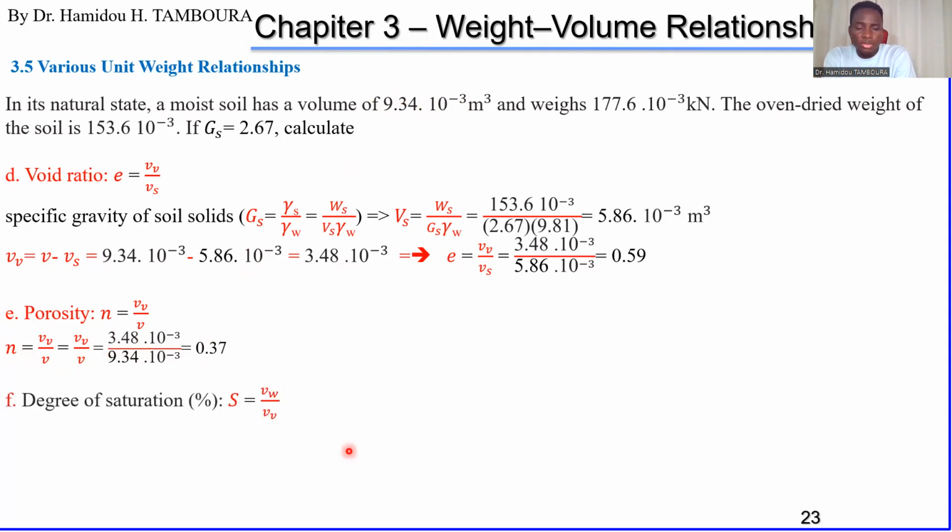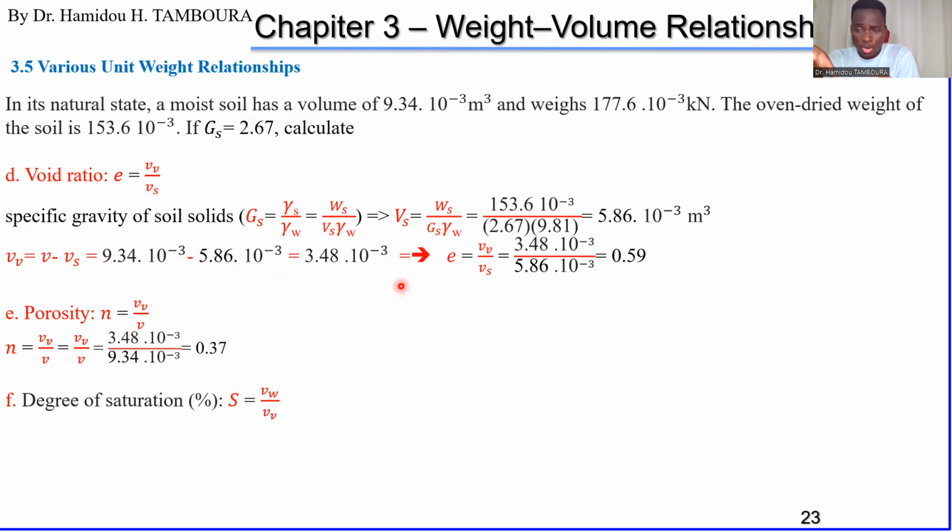Degree of saturation: volume of water divided by volume of void. What do we have here? We have volume of void. That is here. Don't forget the cubic meter here. So the volume of water now, we need to calculate the volume of water, because the volume of void includes volume of water and volume of air.